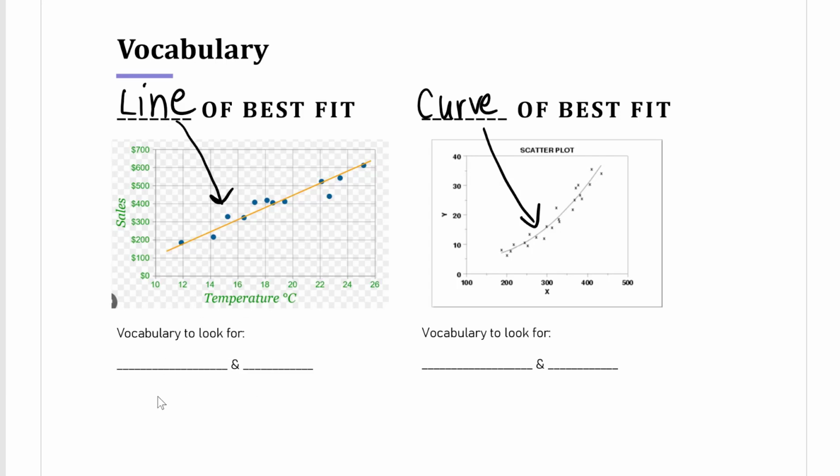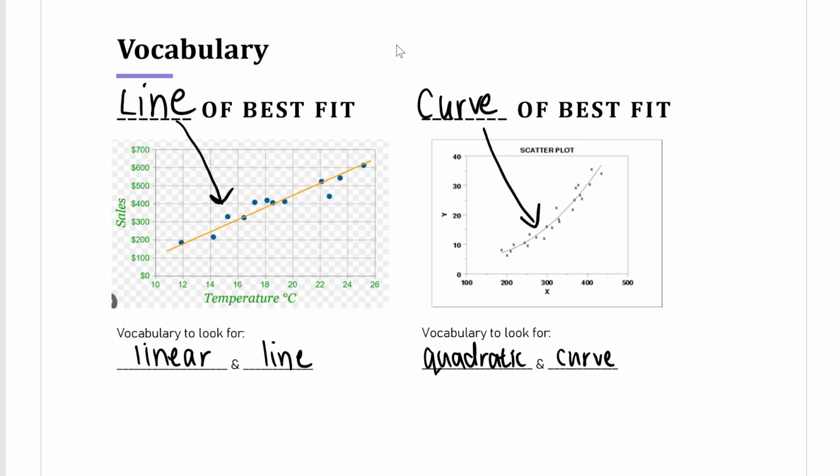So the vocabulary to look for in a word problem about line of best fit is linear and line. In a word problem about curve of best fit, you need to look for the words quadratic and curve.